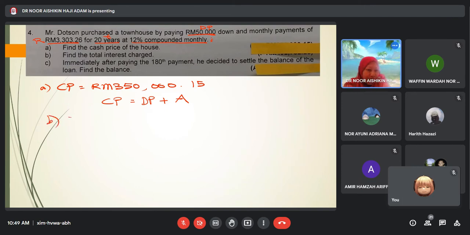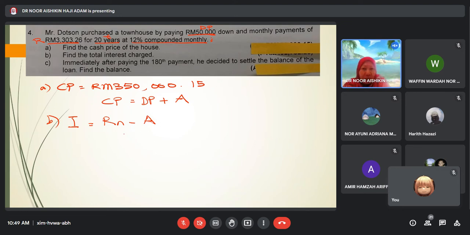Alright, total interest dapat I. What's the formula for I in this case? I, total interest from the loan. How do you find I? Total payments minus the loan amount. Dia pinjam a certain sum of money. Betul tak?